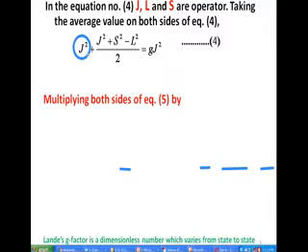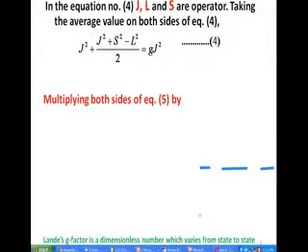If I want to calculate the average value, J square means J into J. We will replace one J by J plus 1. So J square can be written as J into J plus 1. Similarly, S square is equal to S into S plus 1, and L square is L into L plus 1, and again here is the J square.